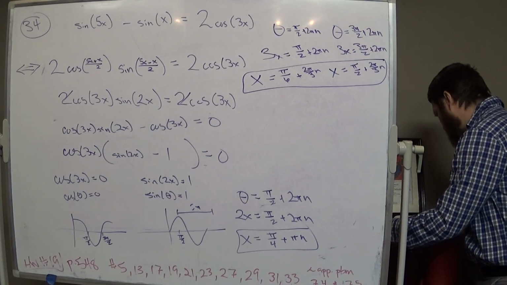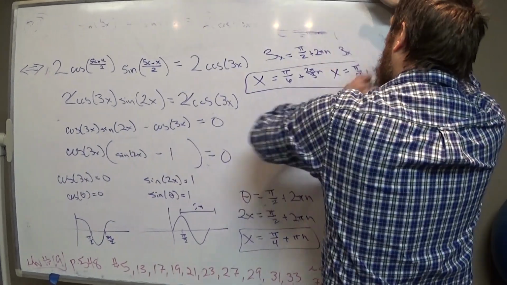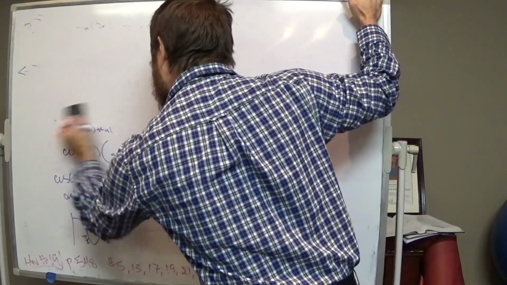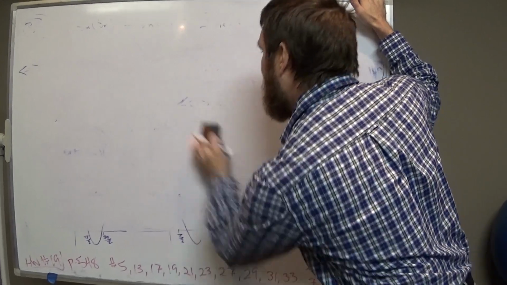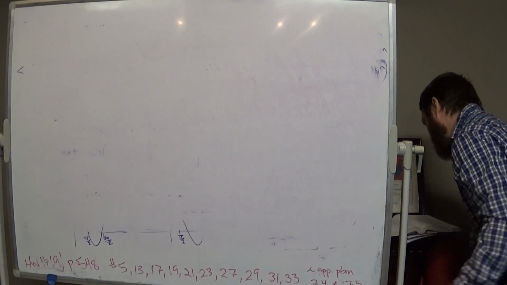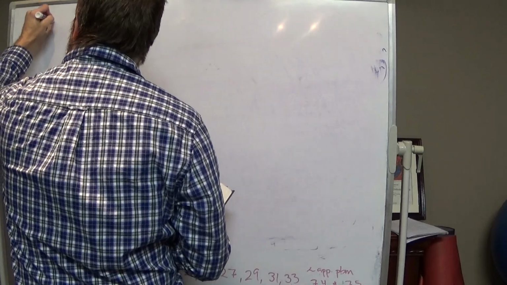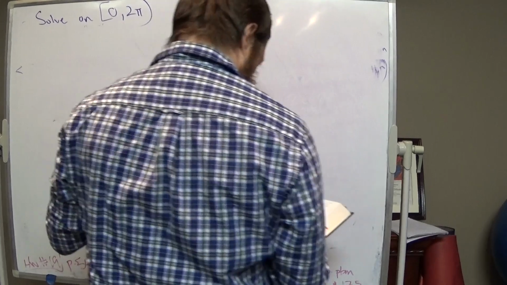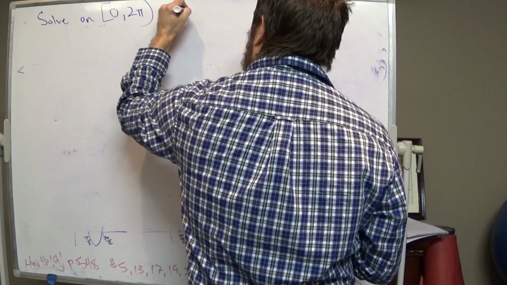It says find solutions that are in the interval 0 up to 2 pi. So we're solving on 0 to 2 pi, and it is sine of 1/2 u.